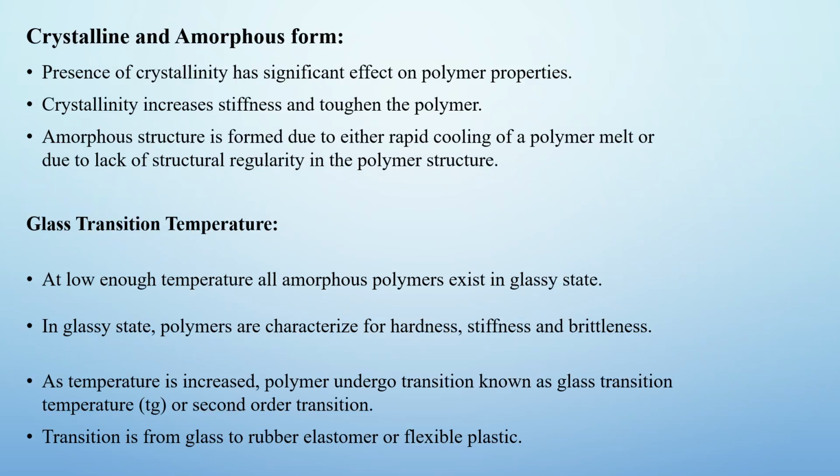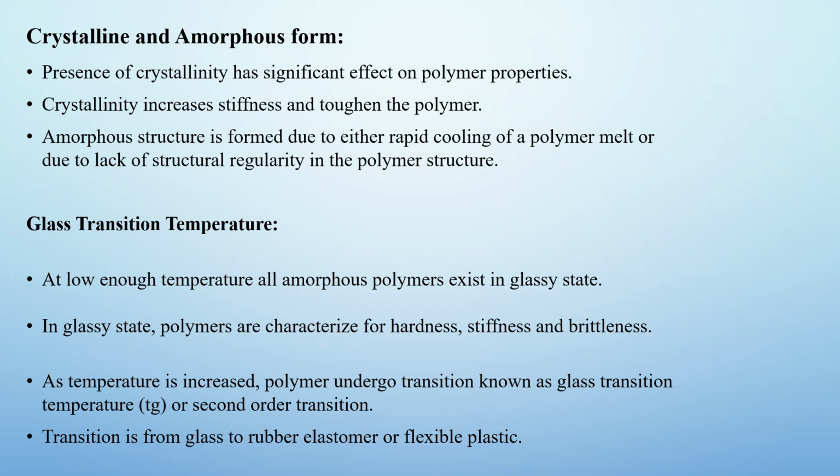So coming to the crystalline and amorphous forms. The presence of crystallinity has a significant effect on polymer properties, and crystallinity increases stiffness and toughens the polymer due to lack of structural regularity in the polymer structure. And glass transition temperatures. At low enough temperatures, all amorphous polymers exist in a glassy state.